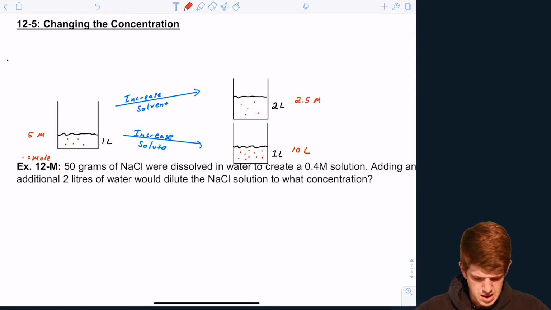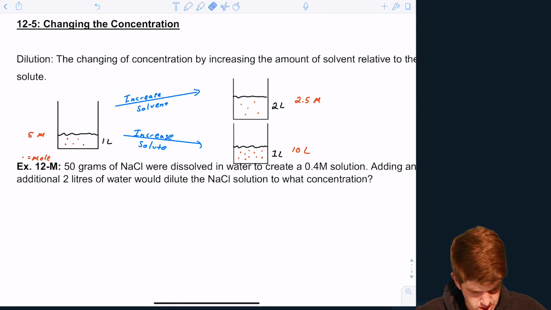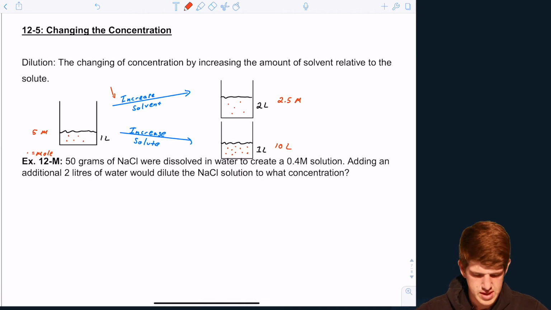So what is this process really doing? Well, this is the process of dilution when we talk about the solvent. Dilution is the changing of concentration by increasing the amount of solvent relative to the solute. And that's going to be pretty important.